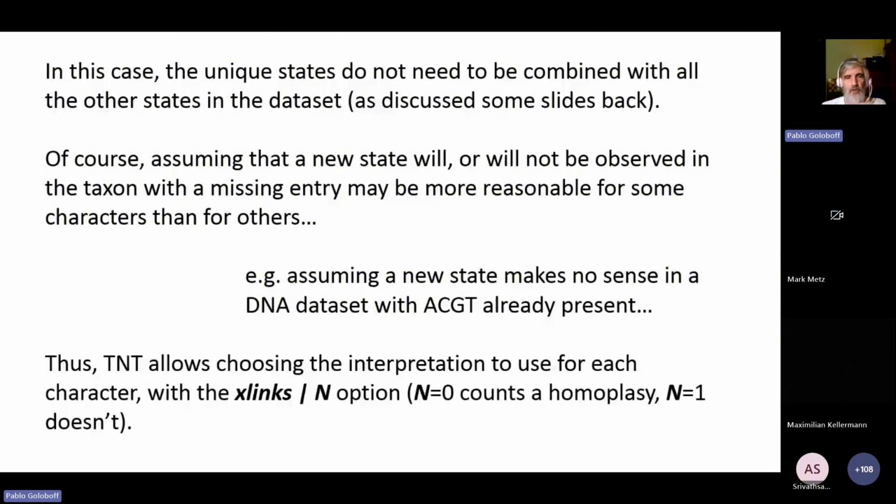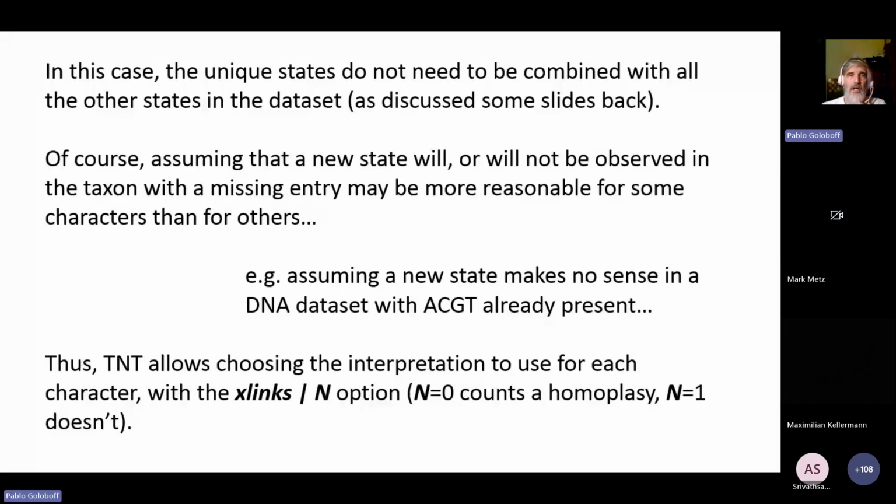Therefore, TNT allows you to choose the interpretation to use for each character with the option that is xlinks pipe, the bar symbol, with xlinks bar 0 that counts a homoplasy for a missing entry, and with xlinks bar 1 it doesn't.